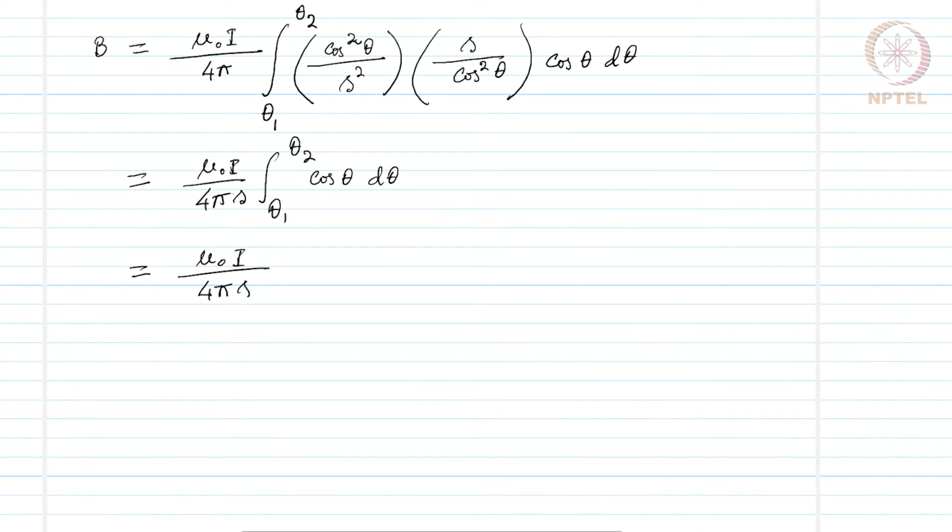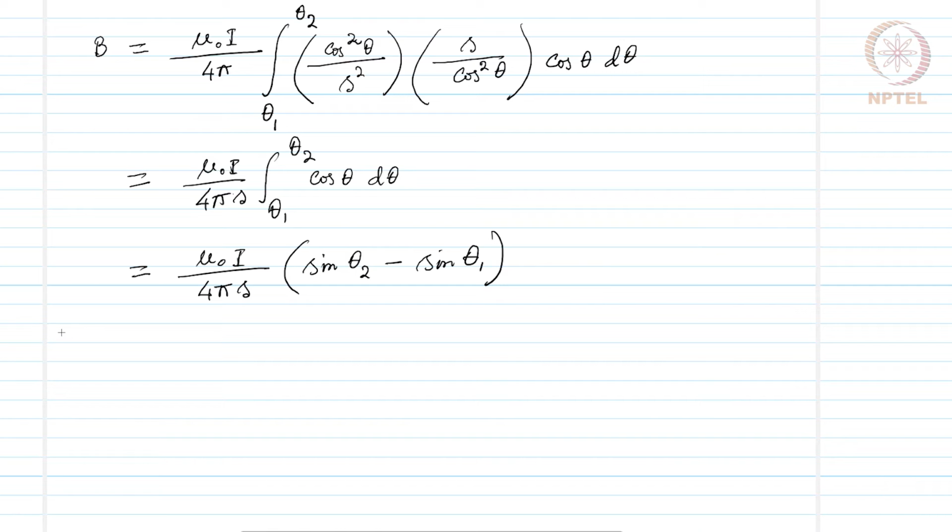We have mu naught I over 4 pi s times sine theta 2 minus sine theta 1. This equation gives the magnetic field for any straight wire segment in terms of theta 1 and theta 2.